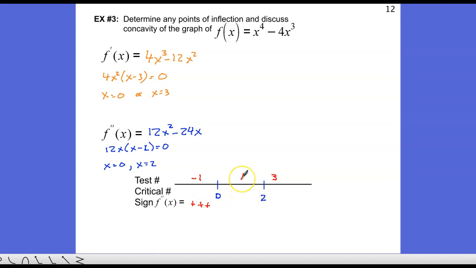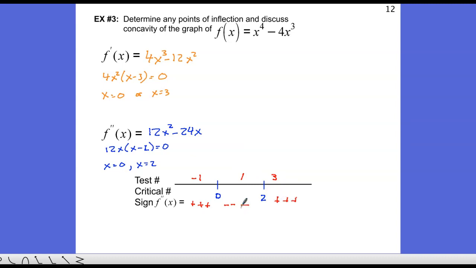So if we plug 1 in, we have 1 squared is 1 times 12 minus 1 times 24. That's going to give us a negative number. So we have negative values on this center interval. And then on the outside interval, we've got 3 squared is 9 times 12 is 108 minus 3 times 24, which is 72. So we end up with a positive value again.